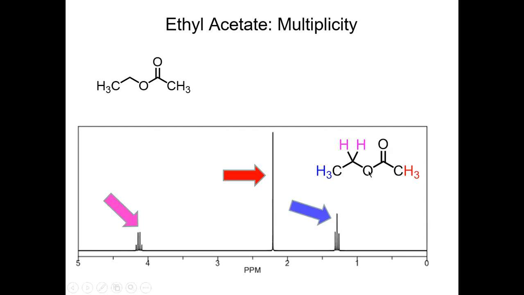If you look to the right, there's no protons here on oxygen. And so the way we determine the multiplicity or the splitting pattern is simple. We use what we call the N+1 rule. N would be the number of neighbors, plus 1. So this set of protons has 3 neighboring protons on the carbon next door. So N will be 3, and then N+1 will be 4. That's why this is split into 4 lines. All right, questions about that? That's why it's split into 4 lines, because it has 3 neighboring protons on the adjacent carbon.